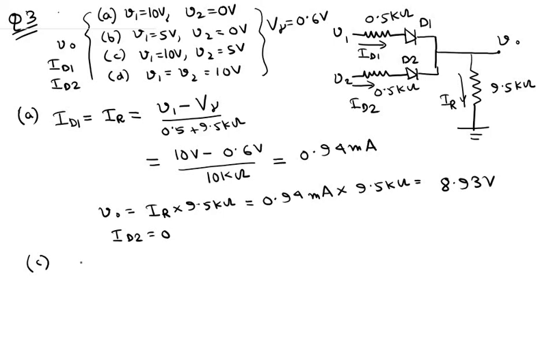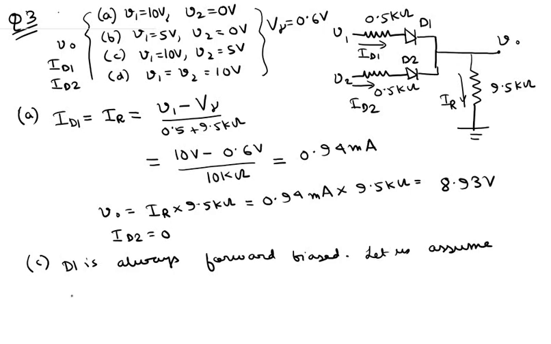D1 is always forward biased, it is not an assumption, but right now let us assume that D2 is reverse biased.